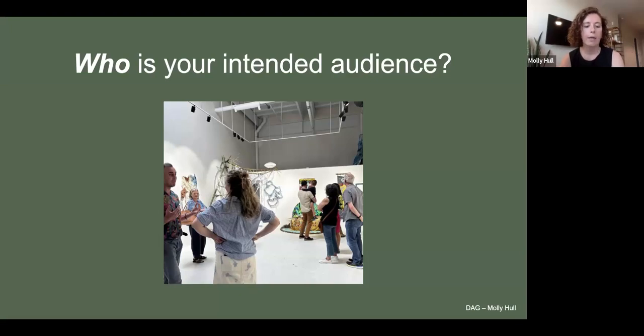Or it could be community or culturally focused, or professionally, meaning that you want your artwork to be collected by a museum, by an organization, or it's educational, meaning that you want students and teachers to interpret your artwork and use it as a learning tool.